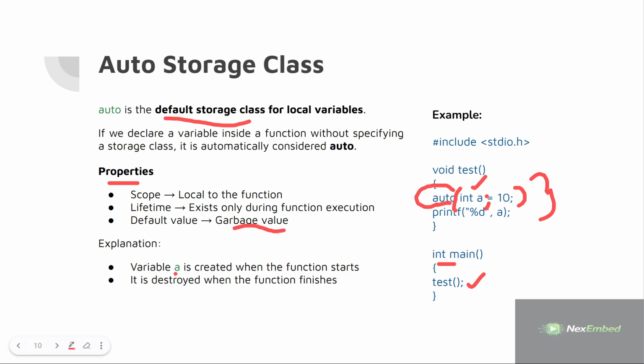This is a general explanation of the example. Variable a is created when the function starts to execute, and once the function finishes, the variable gets destroyed. This is how the auto storage class works. So what about the scope? Local to the function. And the lifetime? It only exists during the function execution.